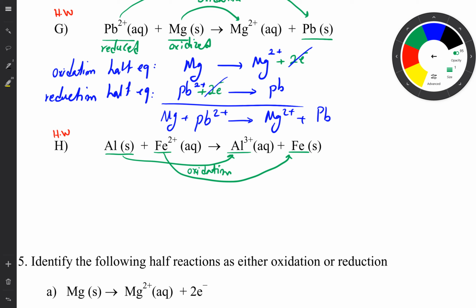It means it has gained 2 electrons, so this one is reduction, because its charge is decreased. So the aluminum is oxidized and Fe2+ is reduced. Let's write these two half equations here. So I write the oxidation half equation.